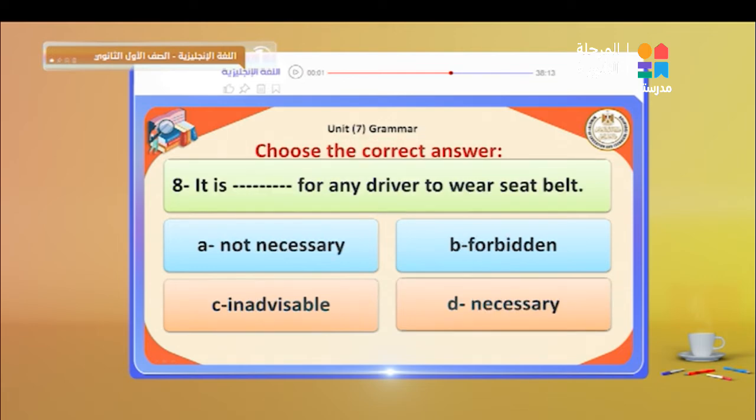Question number 8. It is necessary for any driver to wear seat belt. What does this sentence express? It expresses a rule or a law that all drivers must wear seat belt. So we here say it's necessary. We have it's not necessary, it's forbidden, it's inadvisable. It's inadvisable means it's not advisable.